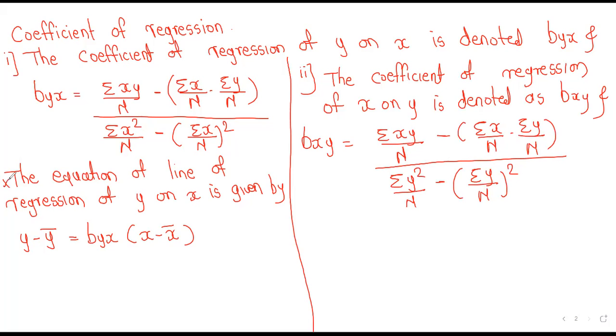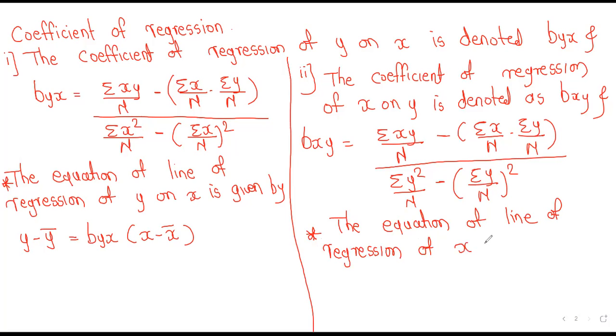Now the equation of line of regression of x on y is given by x minus x bar is equal to bxy into y minus y bar.